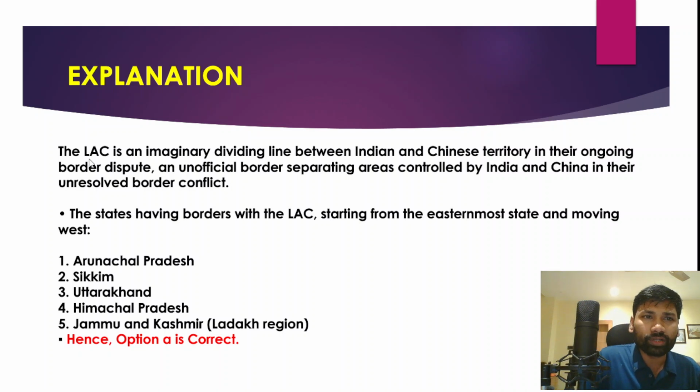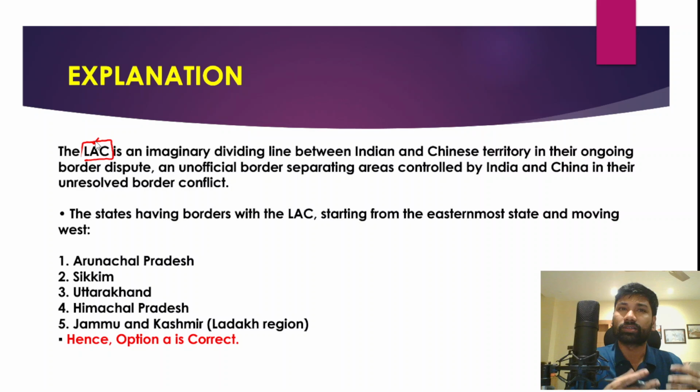As I've already told you, the Line of Actual Control is an imaginary demarcation or dividing line between Indian and Chinese territory, right? So the ongoing border dispute between India and China is also centered around the Line of Actual Control. In fact, it is an unofficial border, right?